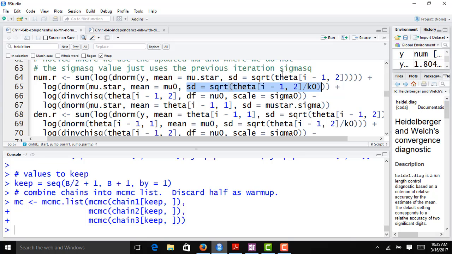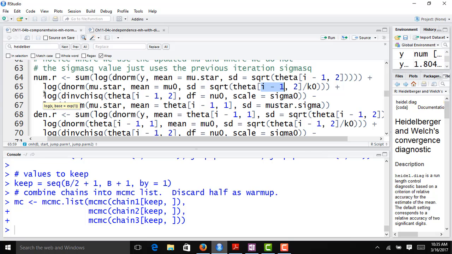And the most recent value of sigma squared that I have in my chain is in column 2 of my theta matrix. And it's in position I minus 1 because I'm actually in iteration I of my chain. So to get the previous value of sigma squared, I look in row I minus 1 of that matrix. And then I divide by k naught, which was the other parameter that we used in our prior distribution for mu.